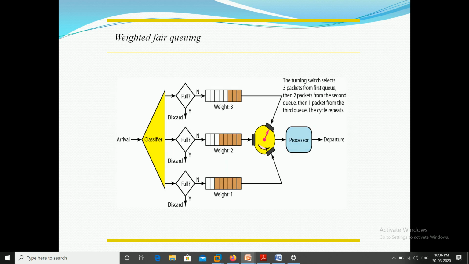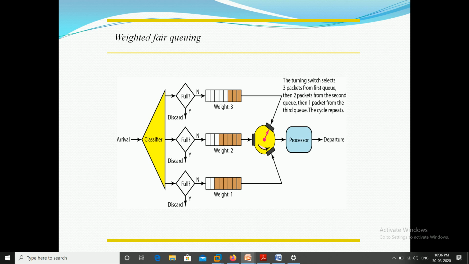Then we have weighted fair queuing. What does this mean? Weight means importance. On the lower part we give weight 1, the other weight 2, another weight 3. The upper queue has the highest importance, the middle one has middle importance, and the lowest has the lowest importance.